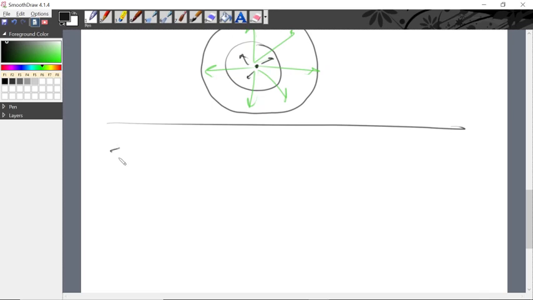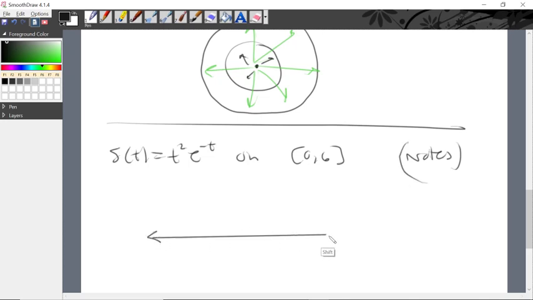Okay, so we have s of t equals t squared e to the negative t on 0 to 6, and that's from the typed lecture notes. So we have first, at t equals 0, the position is equal to 0. Just plug 0 into the function to find that position, right?